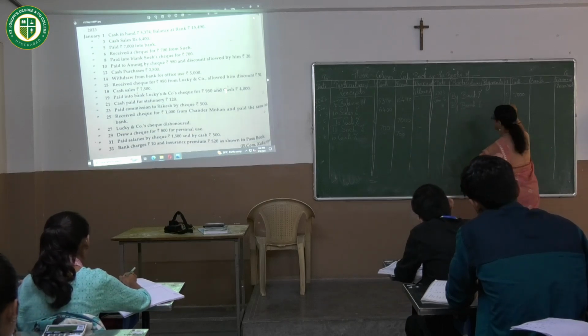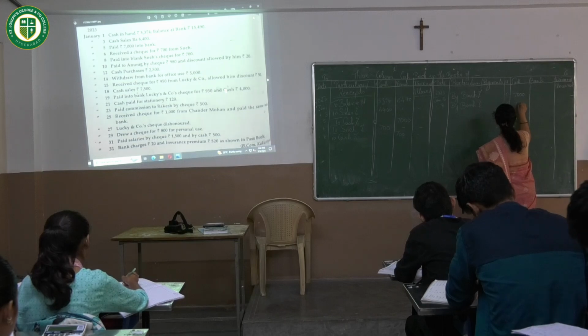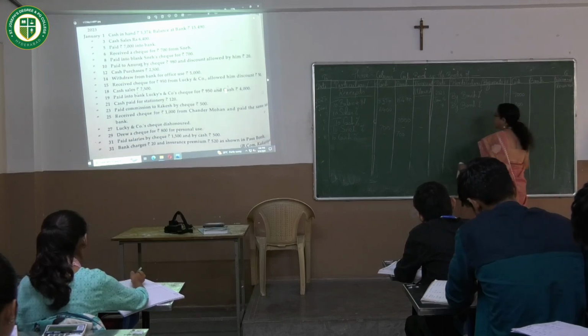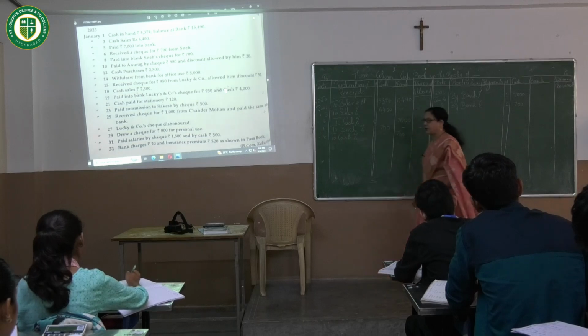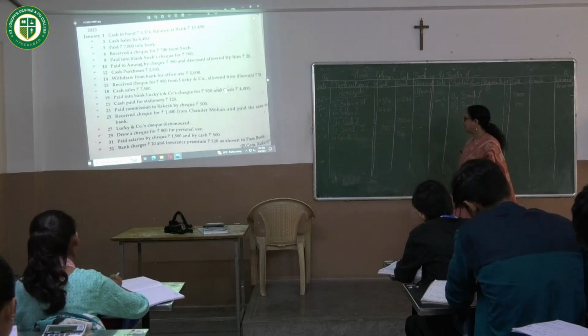Say that it is a contra entry, 700 rupees in the cash column. Don't forget to write the letter C for all contra entries in the LF column.